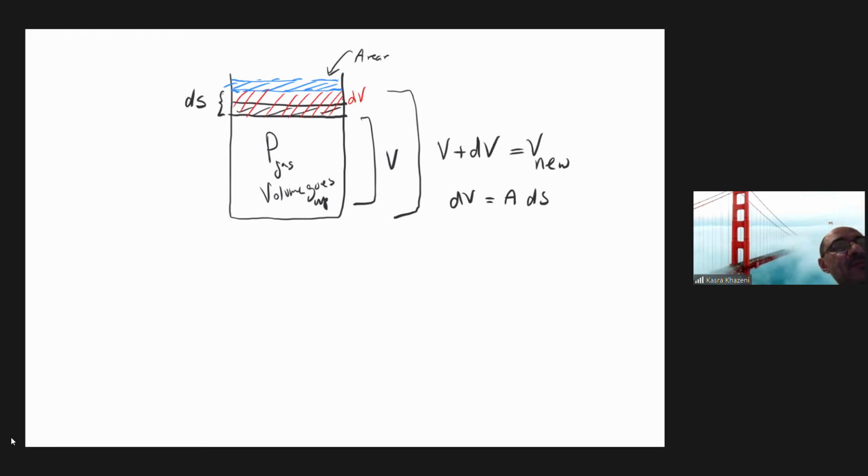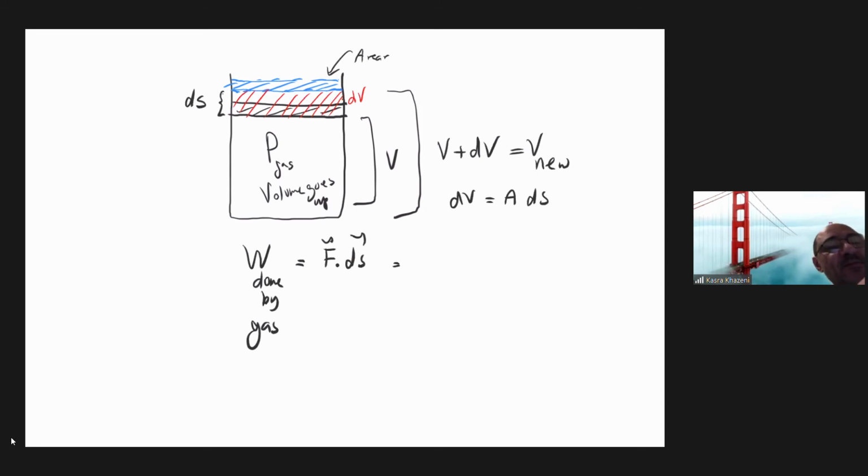If during all that time the pressure of the gas stays constant, which it does, because it's roughly equal to the atmospheric pressure outside, the amount of work done by the gas, by definition, of course, is F dotted with ds.